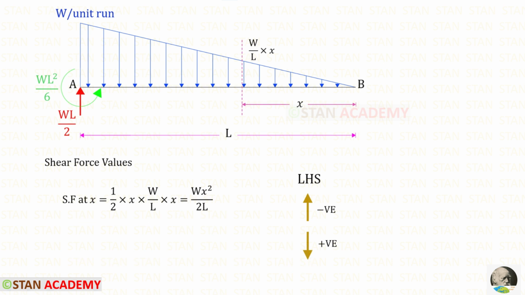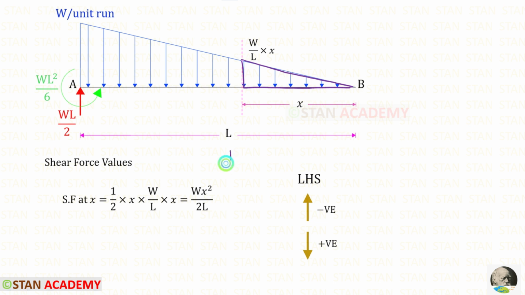Now let us see how to find the shear force at any section from the point B. We need to find this height. For the distance of L, the height is W. So for L, it is W. I need the height at the distance of X, so I need to multiply with the X. In this way, we will get the height as W upon L into X. We need to find the area of this triangle.